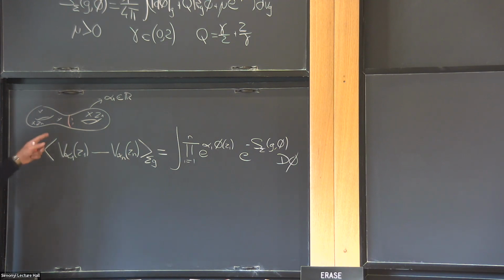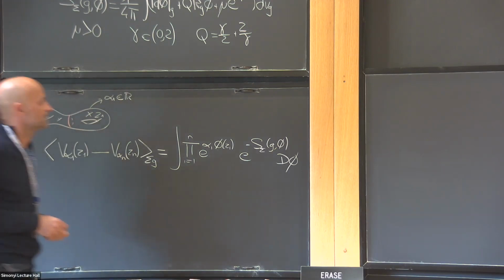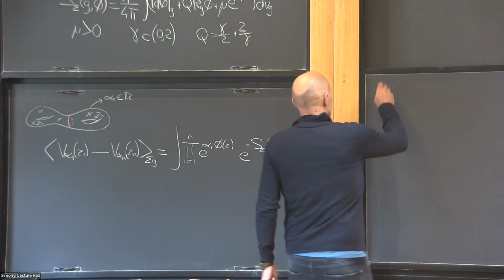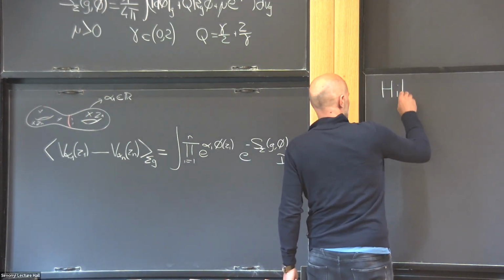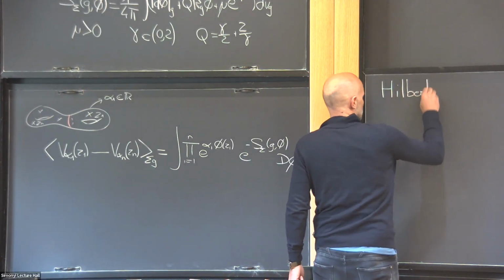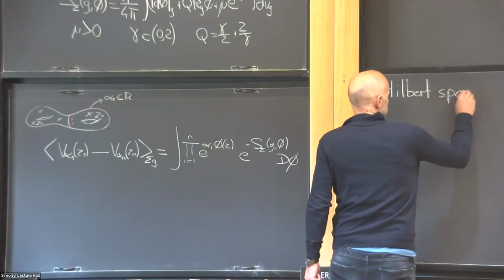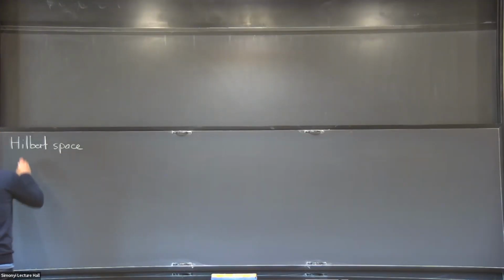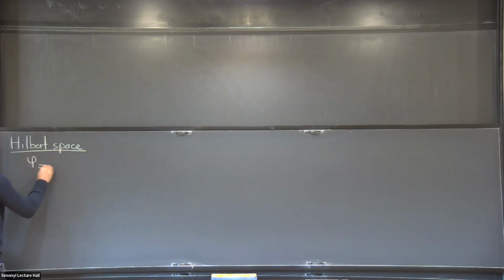And what I want to end up with is some kind of Plancherel formula for this Hilbert space. Okay? And to grab this Plancherel formula, I want to introduce some operators. So the Hilbert space I want to play with is a space of functions. So I will consider a trigonometric series on the unit circle.